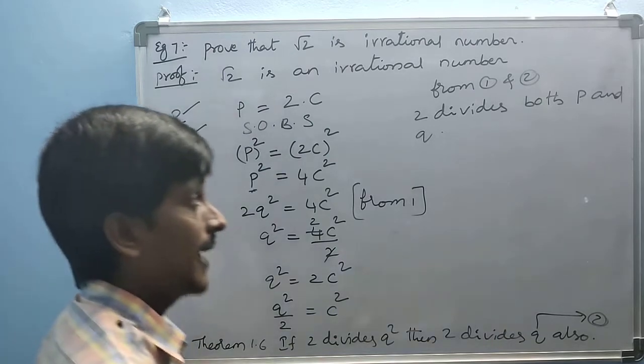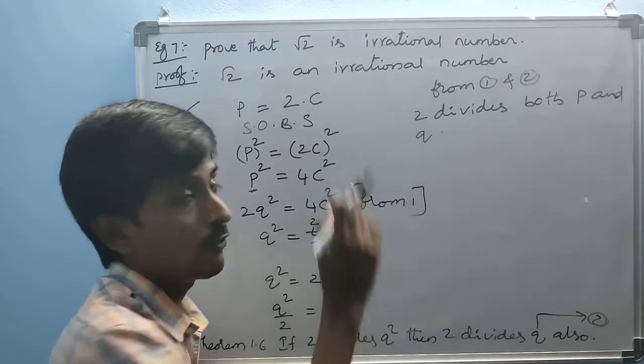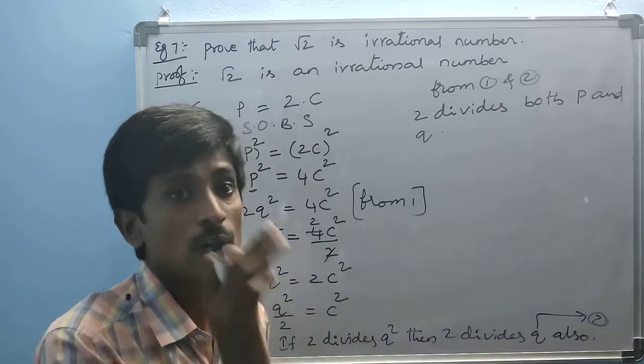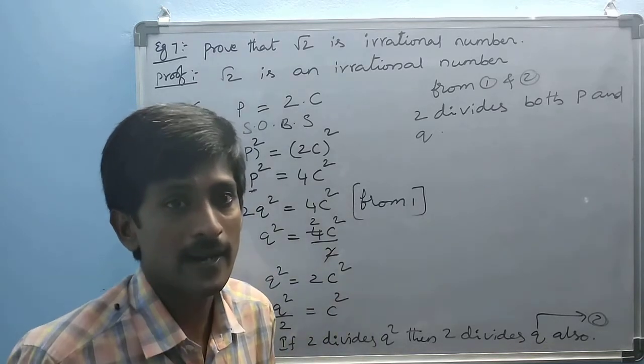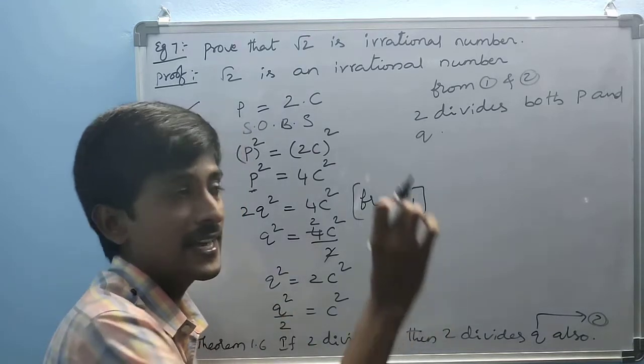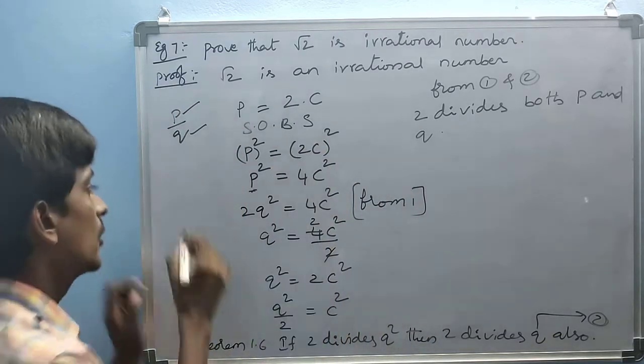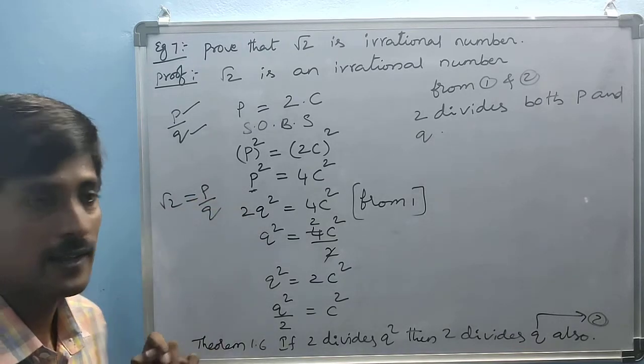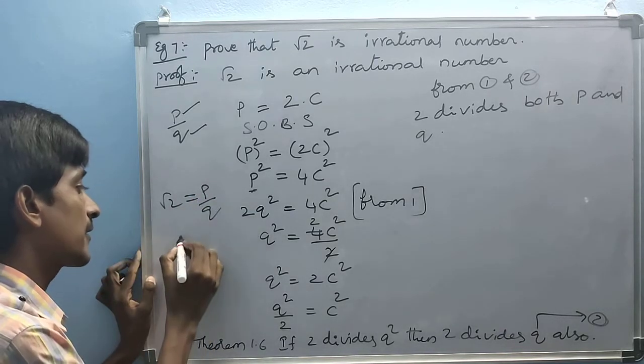But according to our assumption, what did we take? Let us assume that root 2 is a rational number. Rational number means it is in the p by q form. Root 2 equals p by q, where p, q are co-primes.